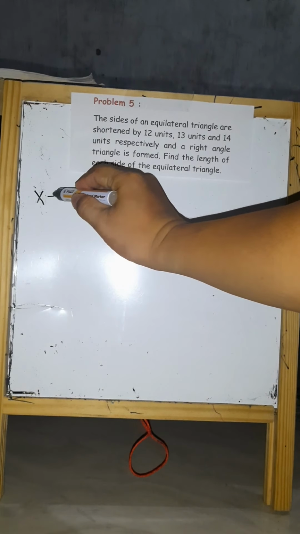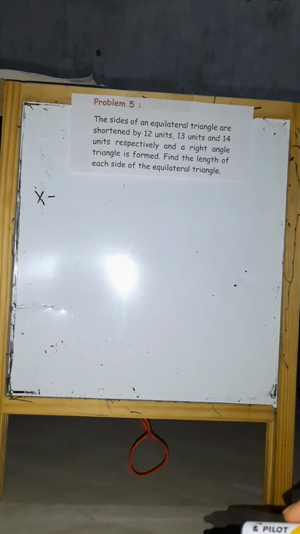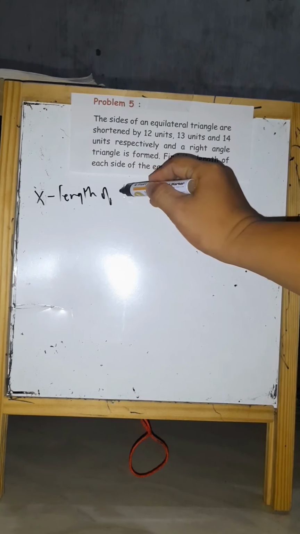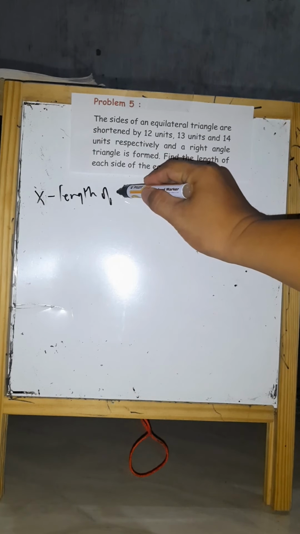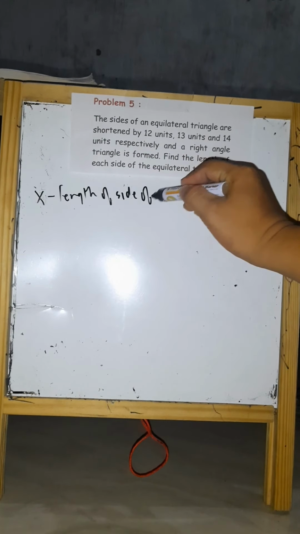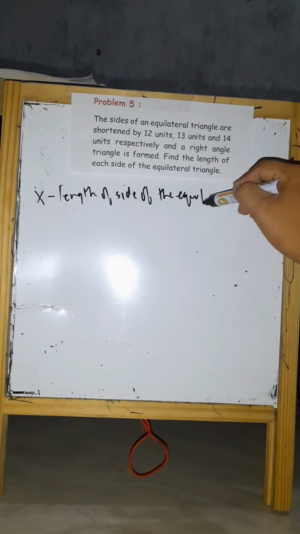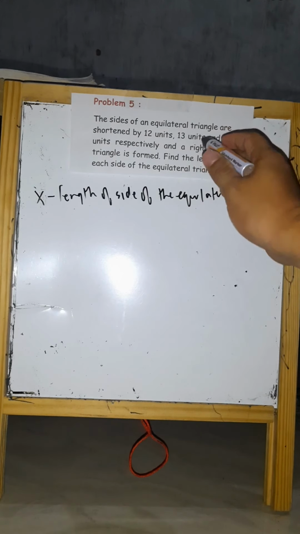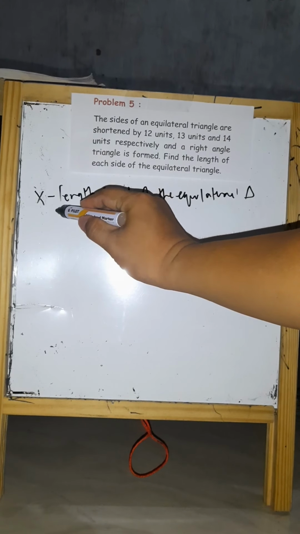So we have here x. Let x be the length of each side of the equilateral triangle, and then these sides are shortened by 12, 13, and 14 units respectively.